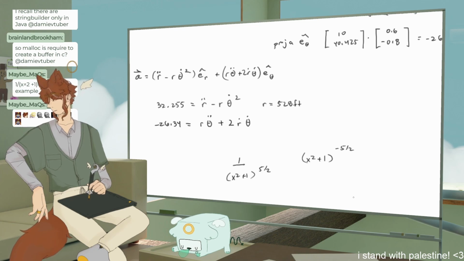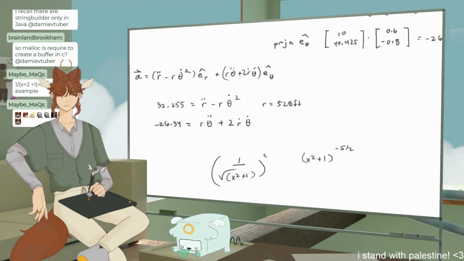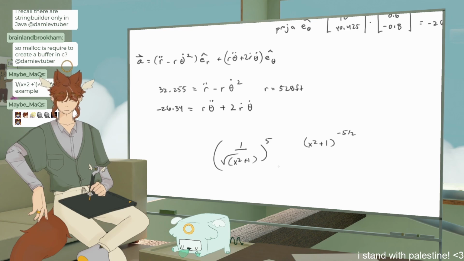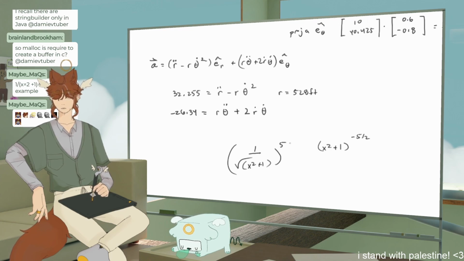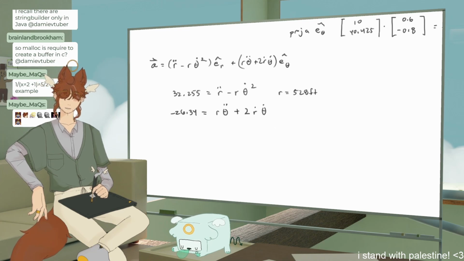Oh wait, x squared plus 1. Oh, that's sneaky. You know what it might be is this thing, right? Something like that, potentially. What is that, like tangent inverse or something? To the 5th? I don't know how I'd integrate that. It's been a long time since I did any integrals like that.